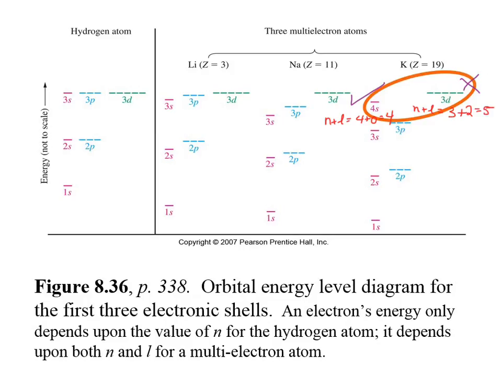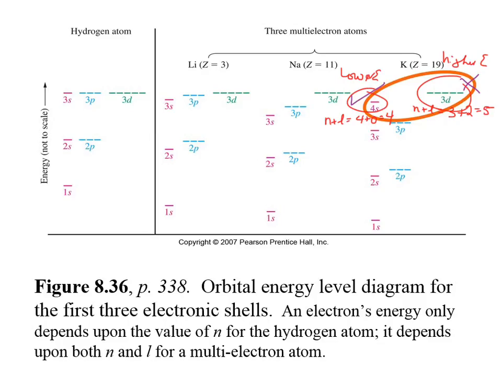So again, the arrow diagram, you're like, how in the heck, am I supposed to remember that? The arrow diagram will flesh that out. This is to say that 4s is a lower energy than 3d. It just is.